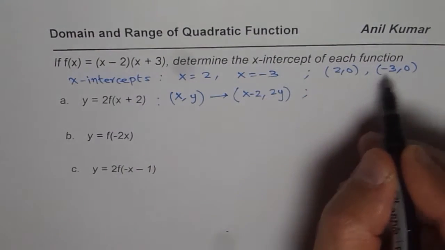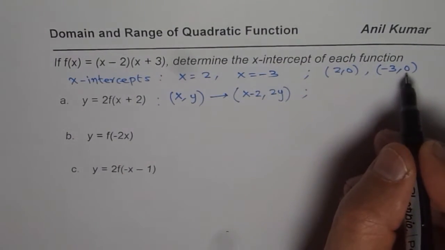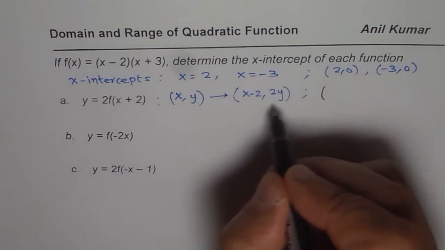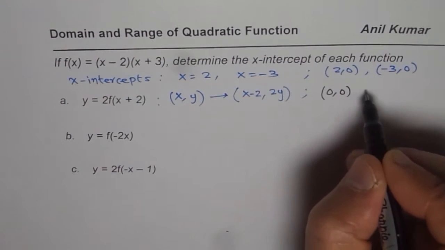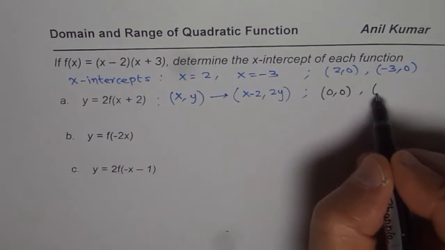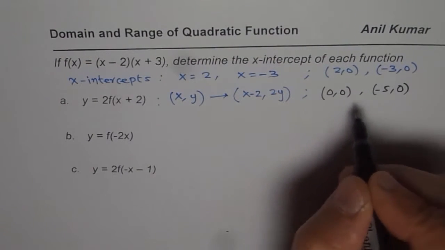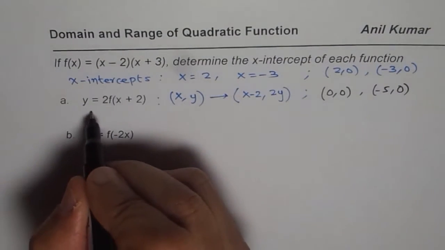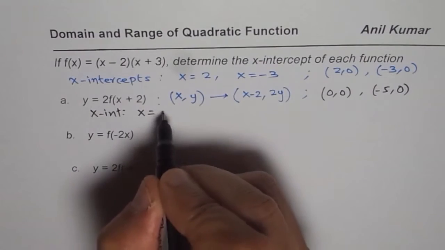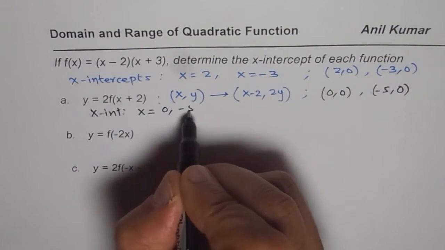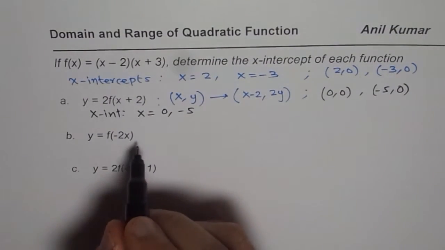The y values are 0, and multiplying by 2 does not change them. The x value should be reduced by 2, so 2 minus 2 is 0, so we get (0, 0), and the other one will be at (minus 5, 0). So the x-intercepts here will be at x equals 0 and minus 5. Okay, let's do the next one.